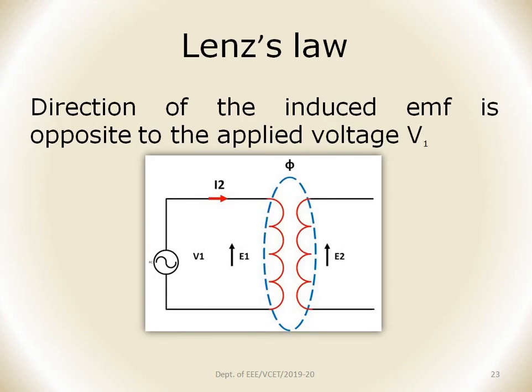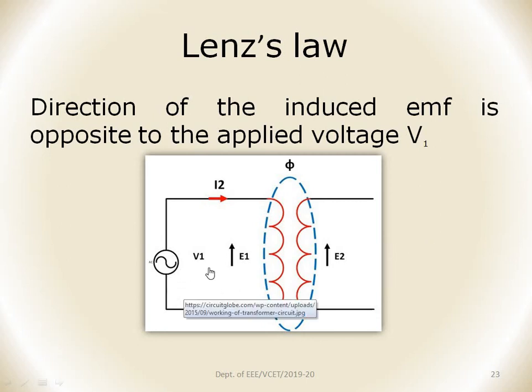Here the induced EMF gives one concept: the direction of the induced EMF is opposite to the applied voltage. The applied voltage is in this direction. To the primary end you apply the voltage, and this applied voltage creates a closed path through the magnetic flux, and a secondary voltage is induced here.